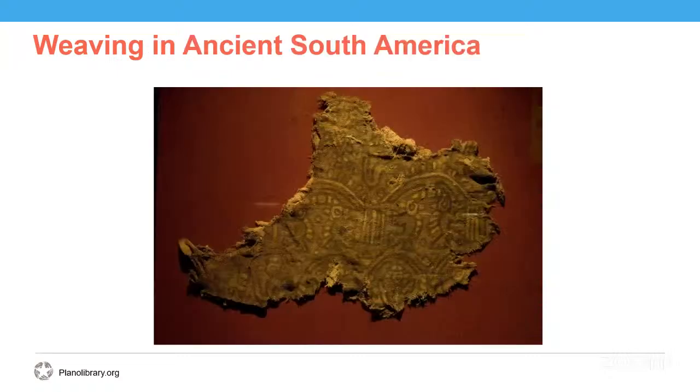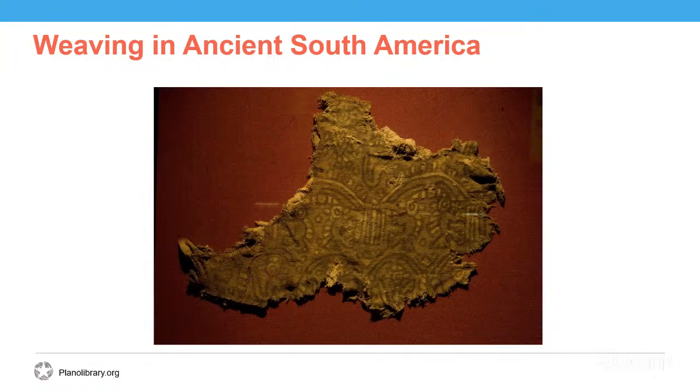And this is actually an example of one of the oldest pieces of fabric that we have. It is a woven textile that was found in a Peruvian cave dating back to 12,000 years ago. The textile items that were found in the Peruvian cave included fragments of fabric, such as this one, that could have possibly been used for bags, baskets, wall or floor coverings, or even bedding.